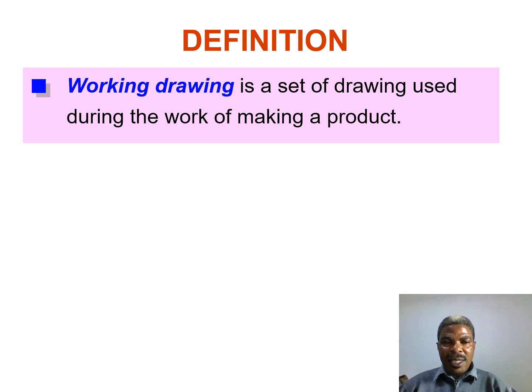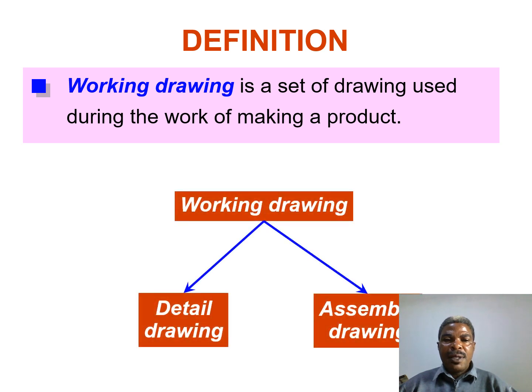In totality, this can be described in this way: once you refer to the working drawing, it is a set of drawings used during the work of making a product. So as we have said, working drawing falls into 2 categories, that is detailed drawing and assembly drawing.